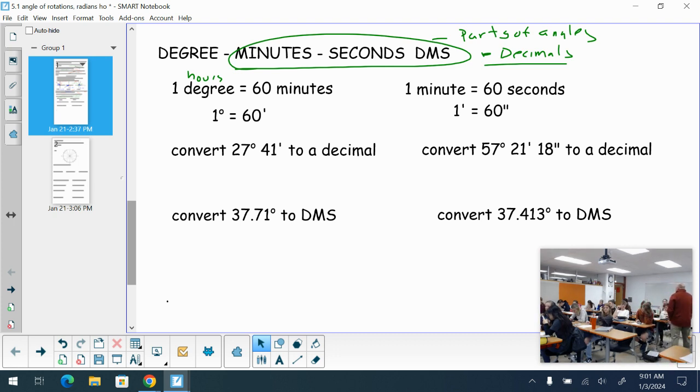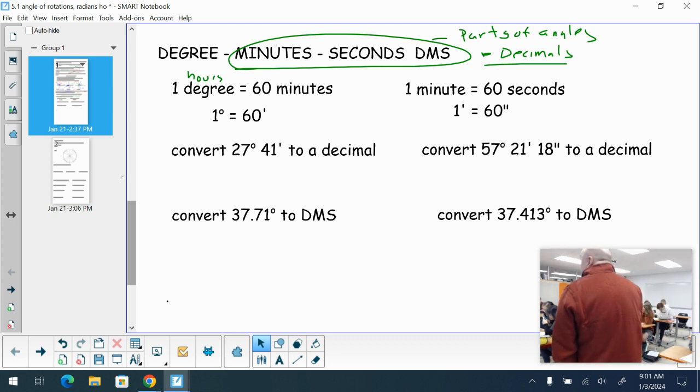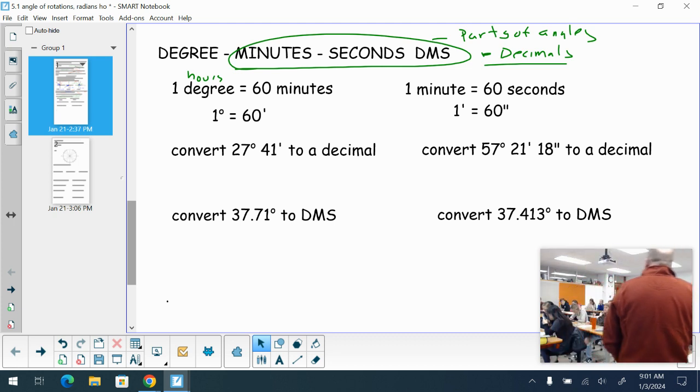I'm a human, and a human tries to find the easiest way to do things, the path of least resistance, like water. That's the same thing with respect to conversions of degrees and minutes into decimals.